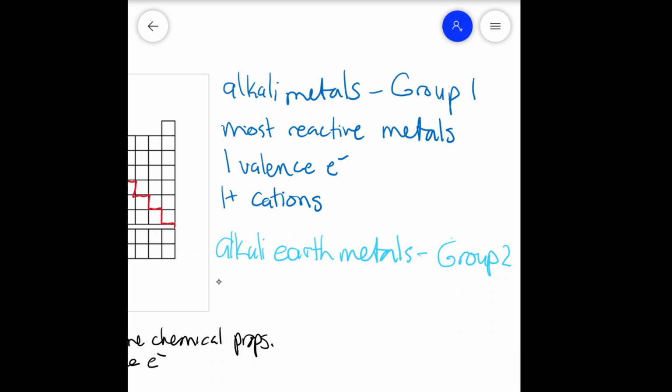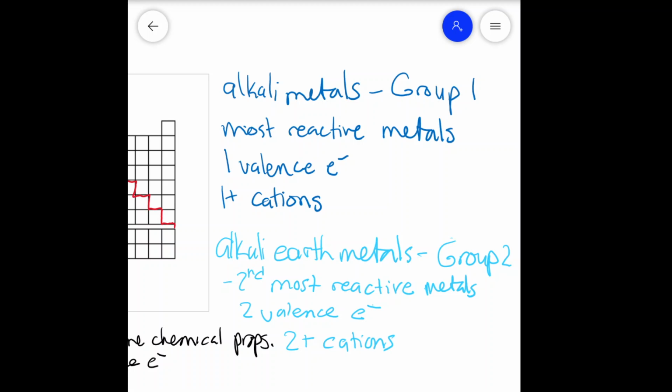And these are the second most reactive metals, because they have 2 valence electrons, so they will form 2+ cations.